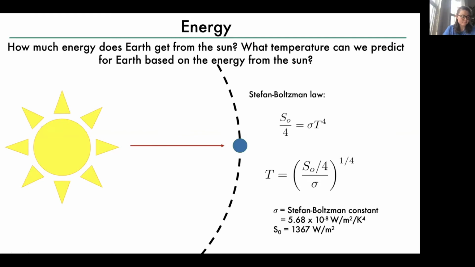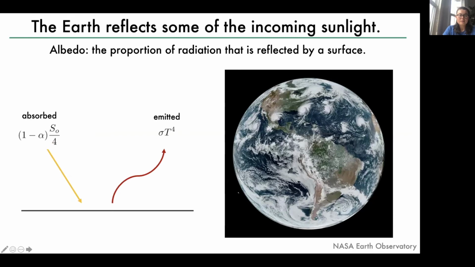And so 278 Kelvin is about 5 degrees Celsius, which is too cold, spoiler alert. So we're missing something, but we're pretty close. The actual temperature of Earth is about 290 Kelvin, and so we're not all that far off. So what are we missing? Well, one thing that we haven't even considered is the albedo of the Earth.